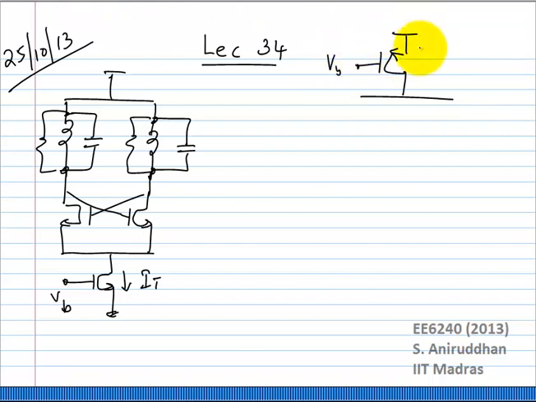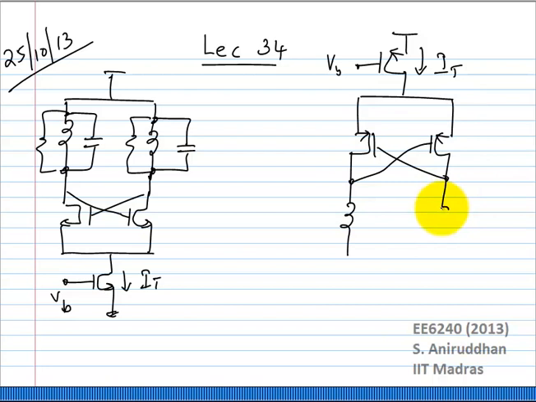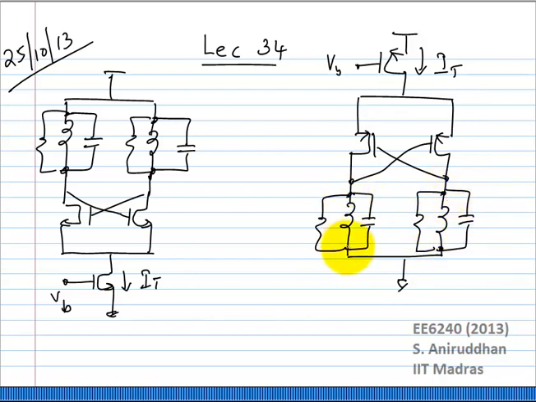I have this to give me IT. So the PMOS variant will look like this. I've just drawn the exact thing where the only thing is I've placed the active portion with a PMOS.